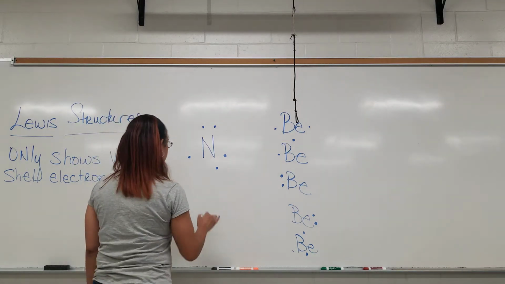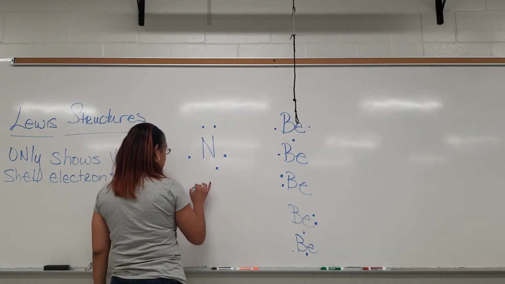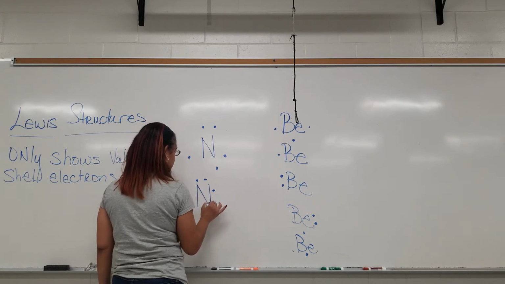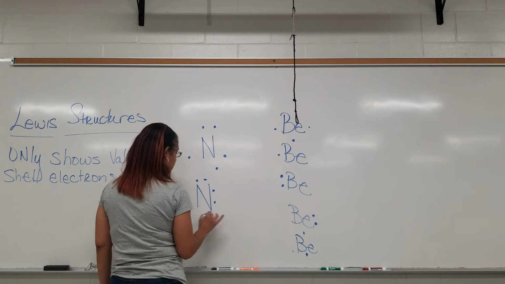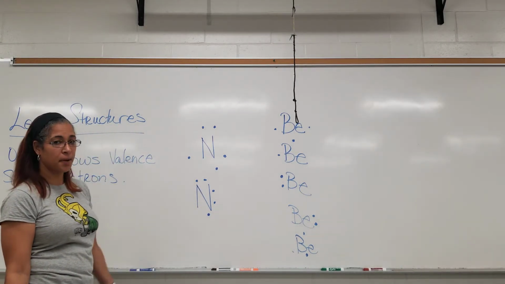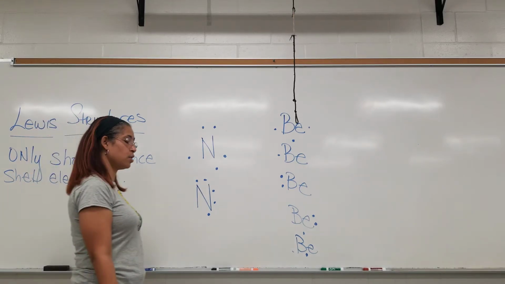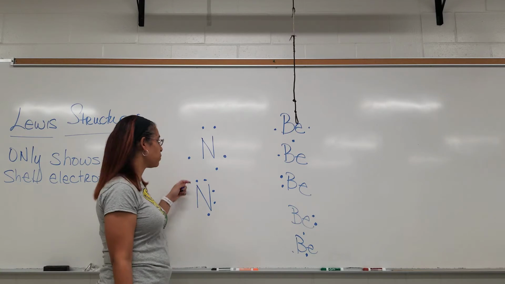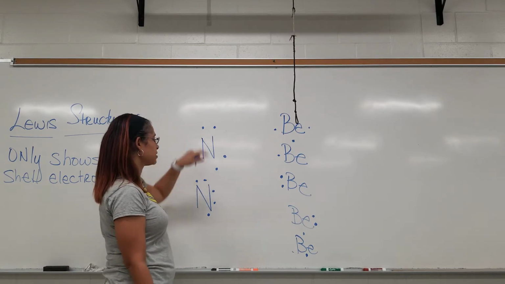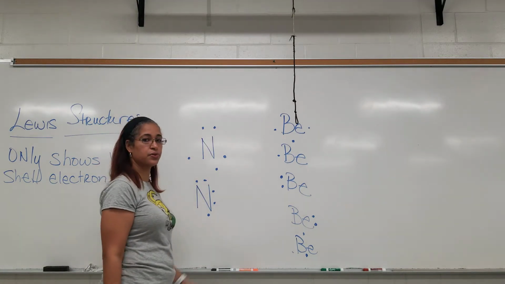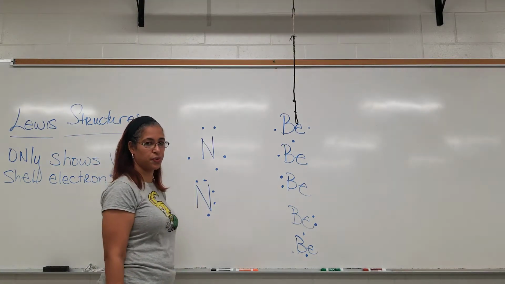I personally don't like to crowd them. For example, for nitrogen, I personally would not do something like this. It's not to say that the Lewis structure doesn't exist, but usually there's going to be an electron for one to pair with. So I like to organize them, filling every orbital first, and then going around and starting all over again.